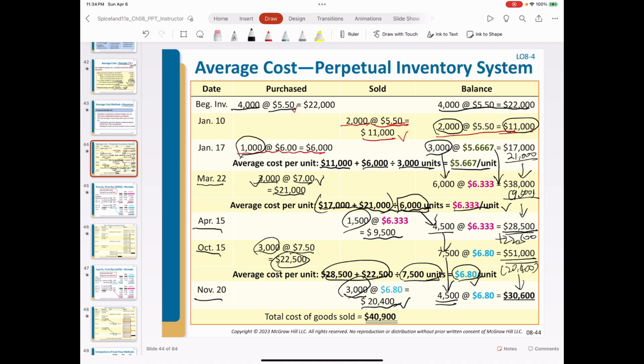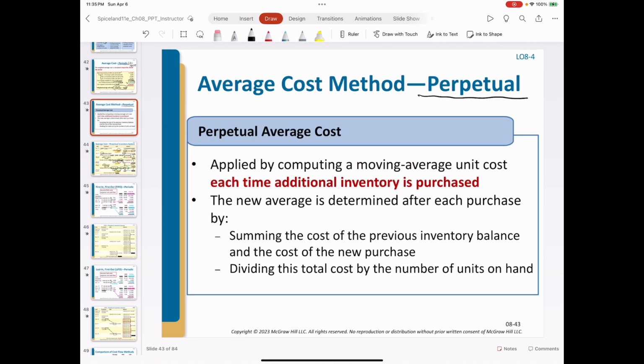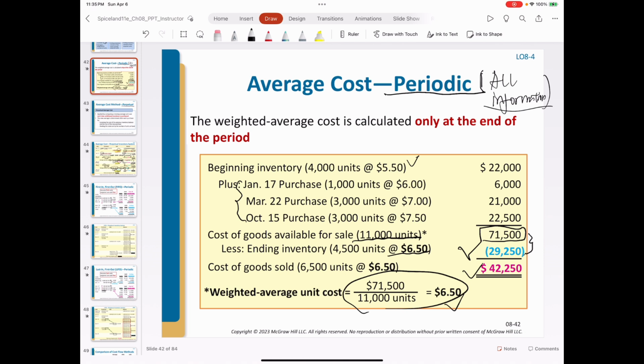Finally, the ending balance of inventory is 30,600. And the cost of goods sold is determined by the sum of these three. For three different sales, we use three different averages. This method is also called the moving average method because the average of the inventory keeps changing because of the purchases. So it is different from the periodic inventory system, which just uses one average based on all the available information.